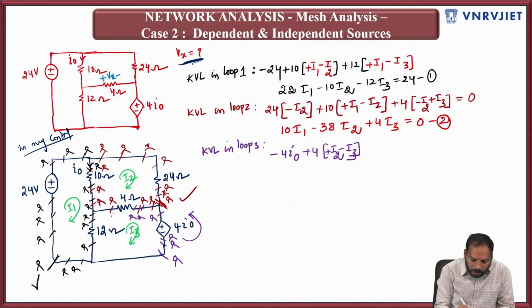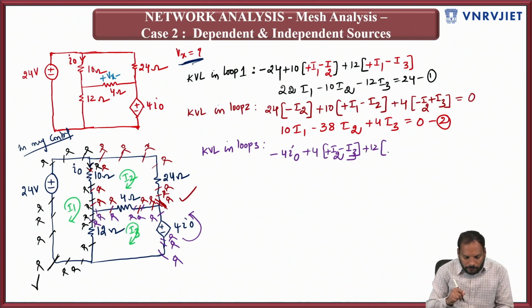Then you have crossed the 4 ohm resistor, there is no drop across the conductor, and then you are ahead of the 12 ohms. The drop across 12 ohms is affected by the adjacent two loop currents, that is I1 and I3. Whenever you are crossing this 12 ohms, clearly observe I1 is your friend and I3 is your enemy, because I3 is coming opposite to you. That means this is plus I1 minus I3.